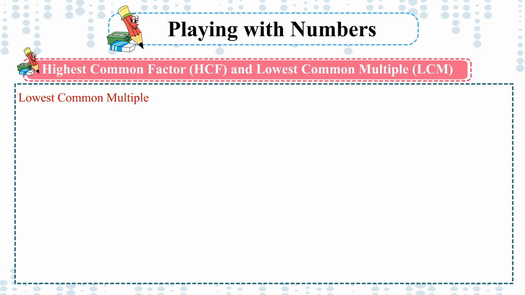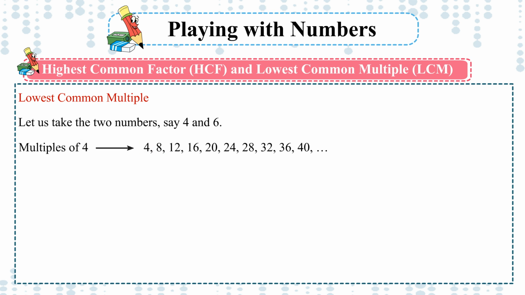Lowest common multiple. Let us take two numbers, say 4 and 6. Multiples of 4: 4, 8, 12, 16, 20, 24, 28, 32, 36, 40.